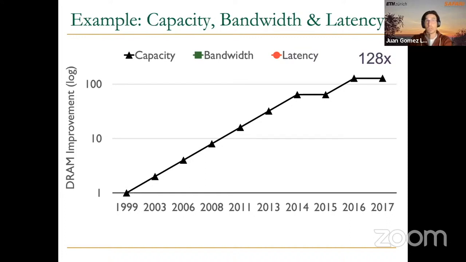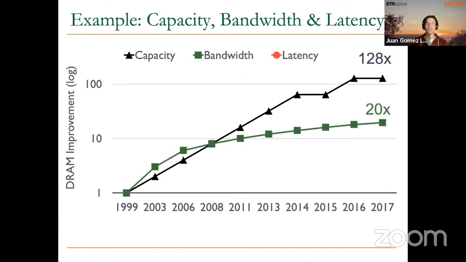What we can see is that capacity has improved, of course, because we need to store more and more data in memory and also in storage. Bandwidth also increases, and bandwidth means the amount of data that we can get from memory or from the storage per unit of time. This has also increased, not so much as the memory capacity, but it has also increased.